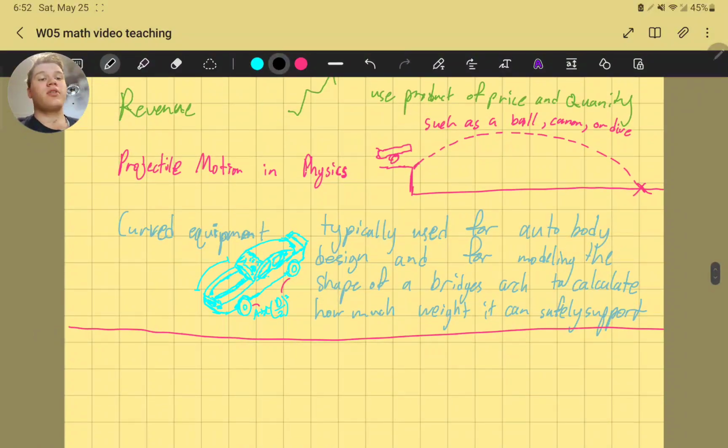It's also good for curved equipment in 3D modeling, typically used for auto body design and for modeling the shape of bridges. The kind of arch, or the little rope things that hold suspension bridges together, I can't remember what they're called again, but they use that to calculate how much weight it can safely support.